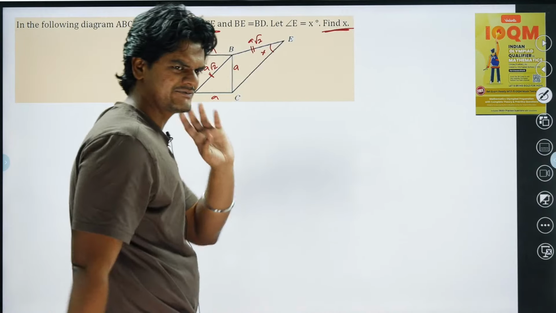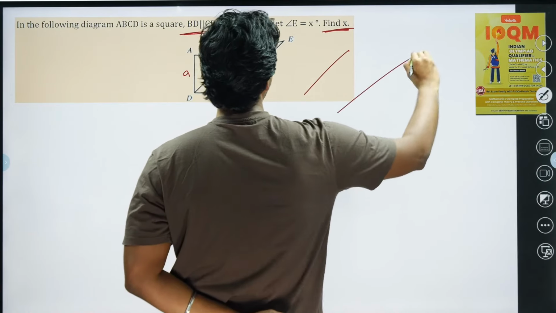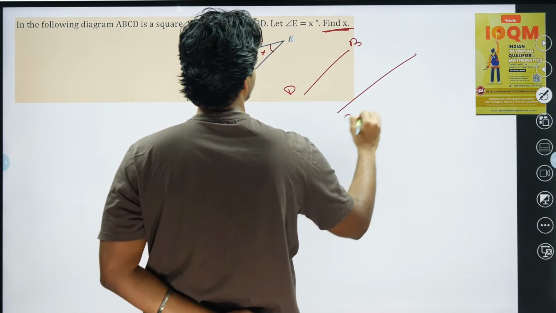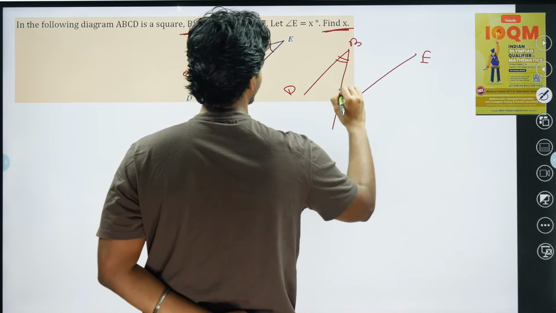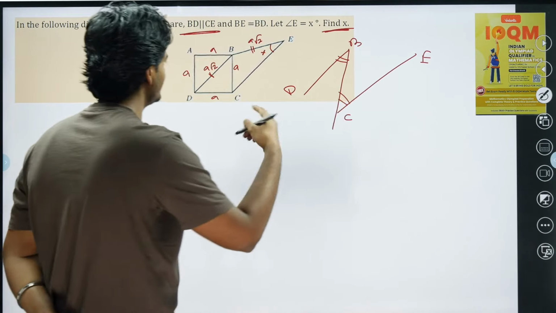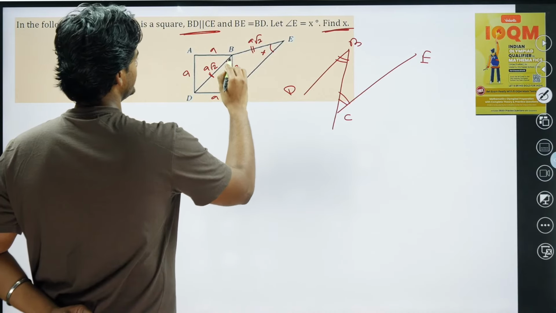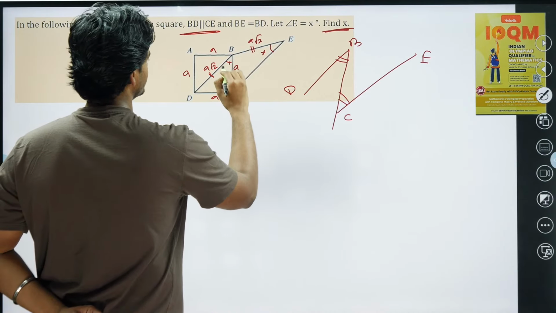I don't think so. It's not 15 degrees. So you see, these two are parallel, and this is a transversal. So these two angles are alternate interior angles, right? So these two should be the same angle. So this is 45 degrees.